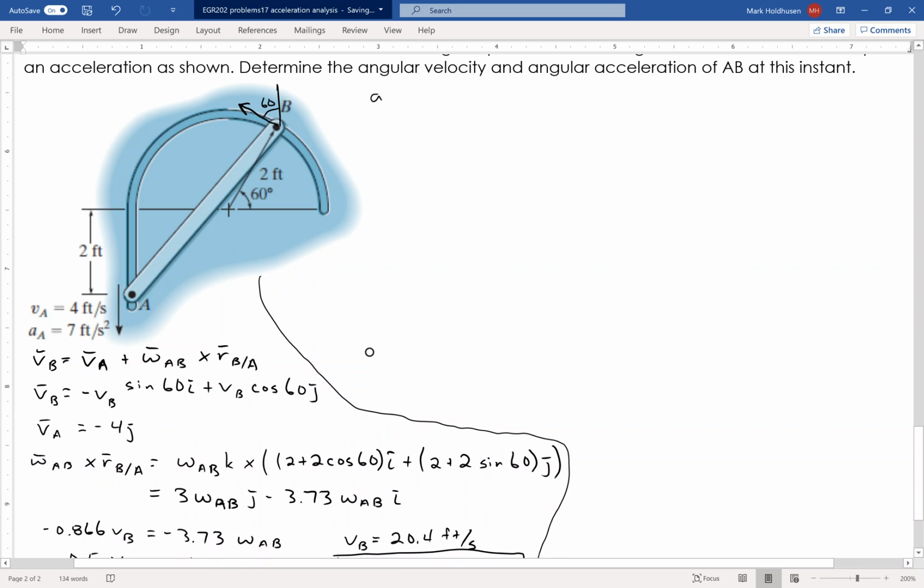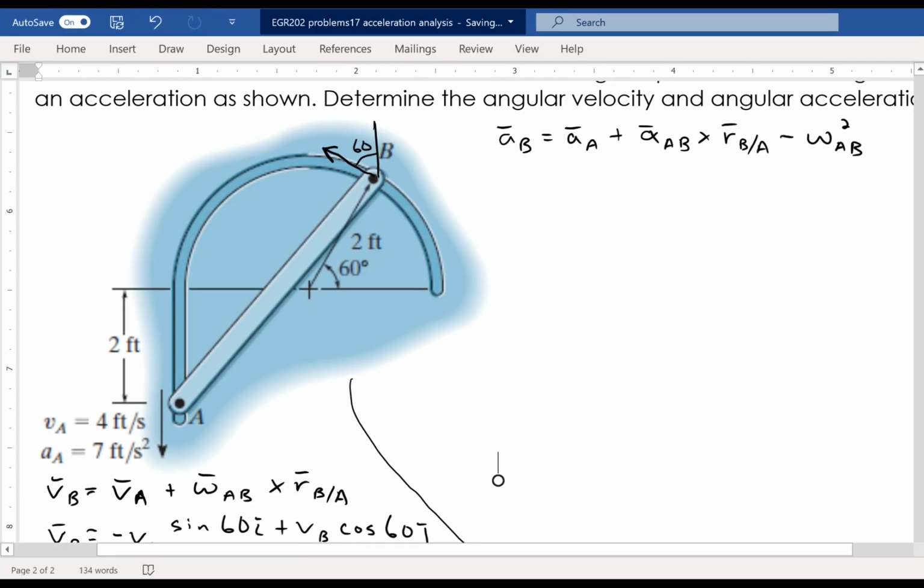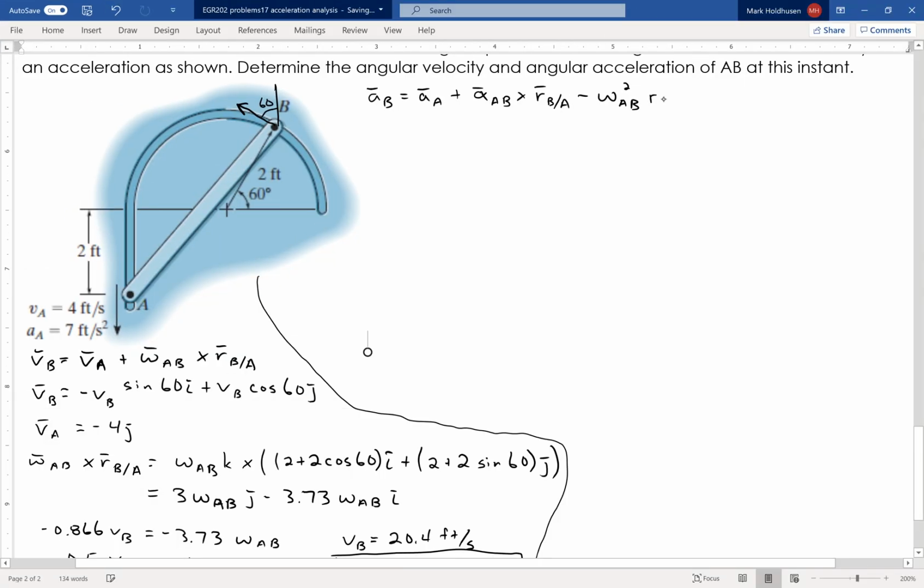So again, the acceleration of B equals the acceleration of A plus alpha AB, which is what I'm looking for, crossed with r of B with respect to A, minus omega AB, which I just found, squared times r of B with respect to A.